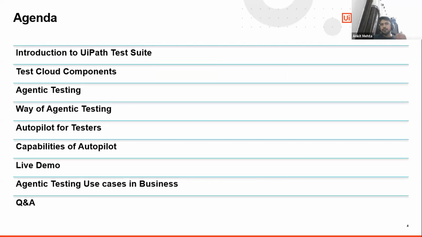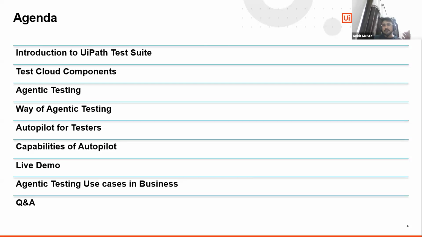Before we move ahead with this session, I would like to set the agenda for what we are going to discuss. We will be discussing a basic overview of UiPath Test Suite and the components of the test suite, and how the components are collaborating with each other to get the testing done efficiently. And now UiPath Test Suite has been moved to Test Cloud, so agentic capability has also been added to it.